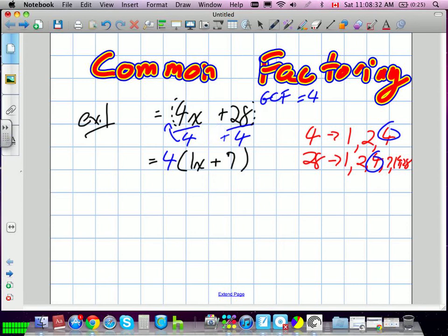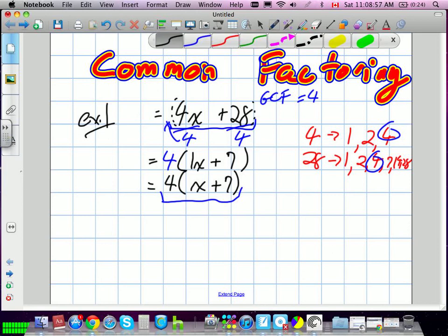Now I'm going to simplify it a little, write the rest in black. So when we're common factoring, the 4 is outside. We don't really have to write the 1 in front of the x. So it would be 4 bracket x plus 7. Now technically, these two things, what we started with and what we have, are the exact same. Just one is written in what's usually considered a standard form, and this is written in more of a factored form.